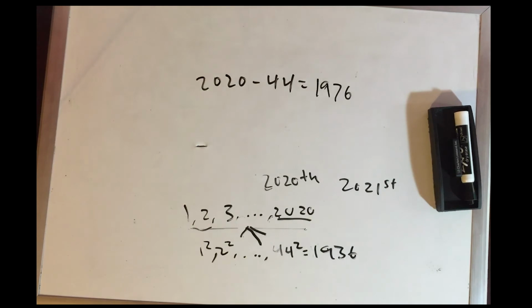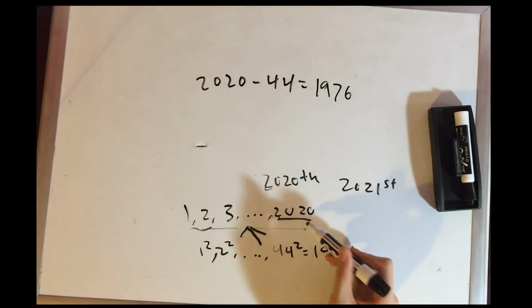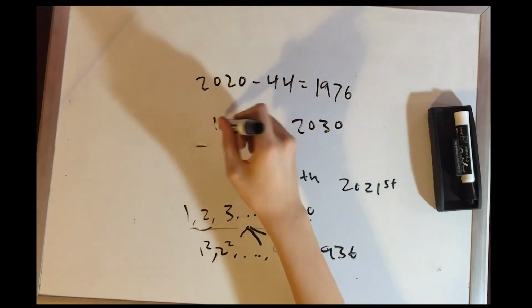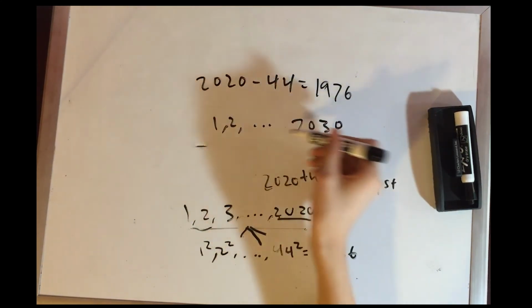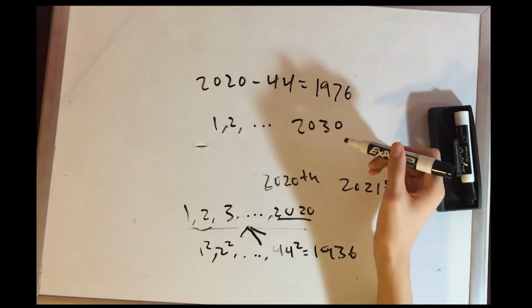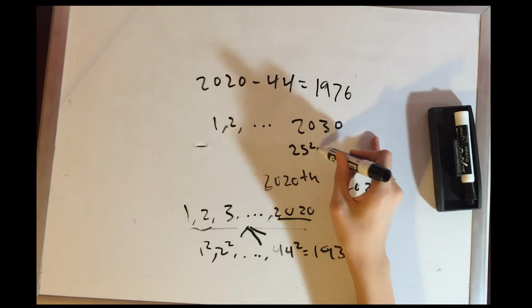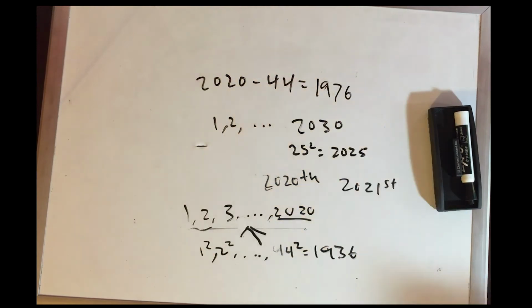Like, if we were at 2030 instead, if our sequence was the natural numbers 1 to 2030, we would have to put in 45 squared, which is 2025, into that sequence.